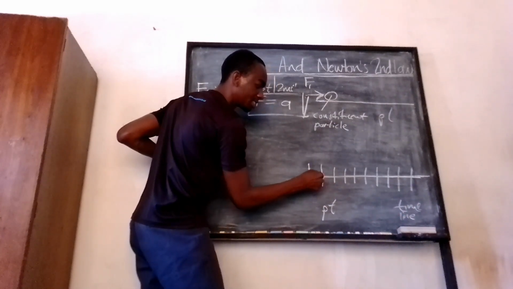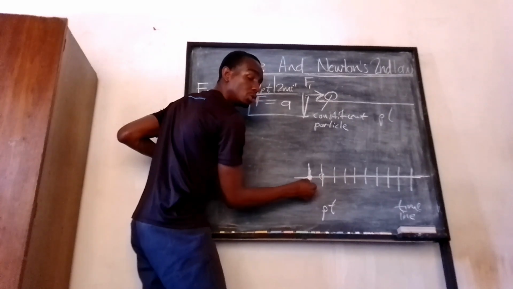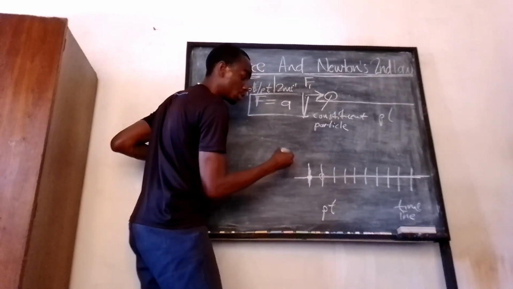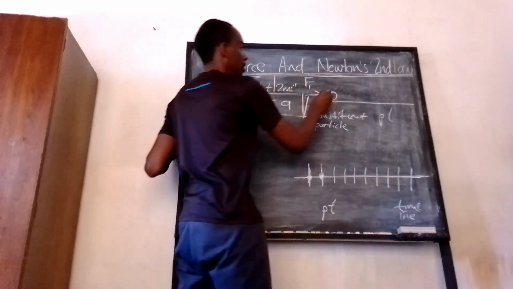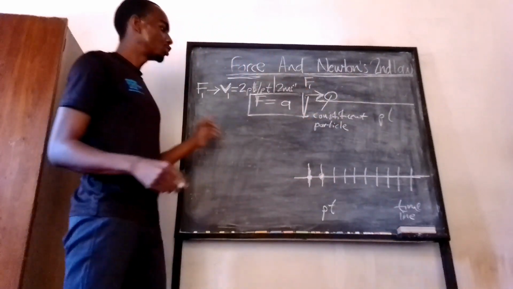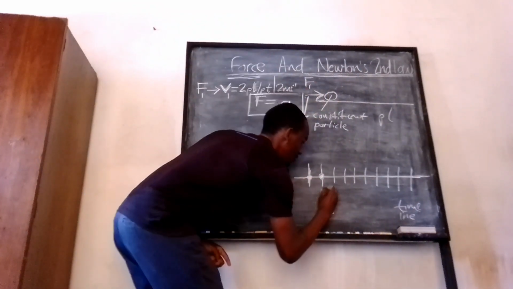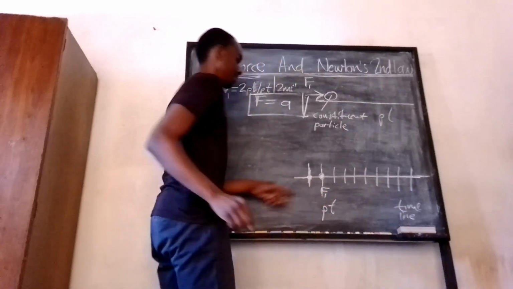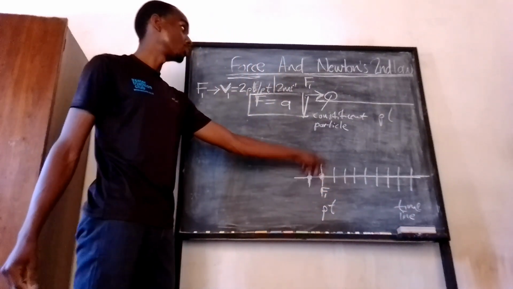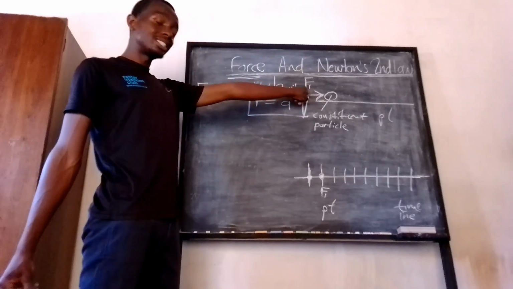There's nothing in between. These are the smallest basic units of time possible. So the following unit is here. That's when I apply my force F1, when the particle is here in terms of time.